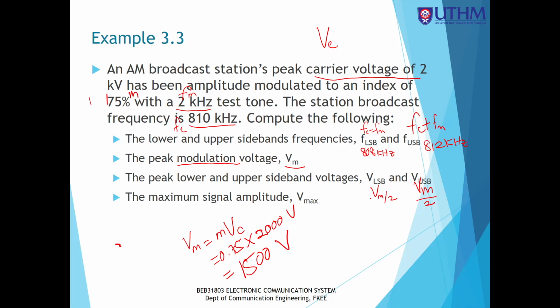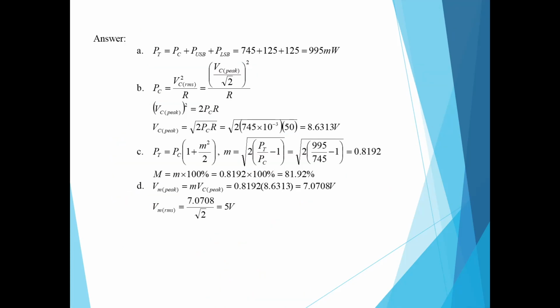Okay, so if you see from here, this is for the VRMS. So when we want to calculate the carrier, first of all you can find how much is a VC peak. Okay, so VC, sorry, you need to find the VC RMS because you are given the effective power.